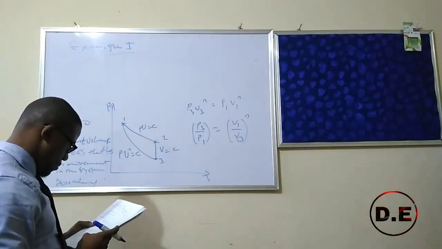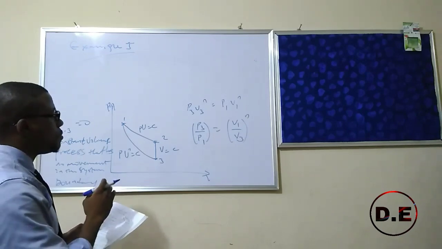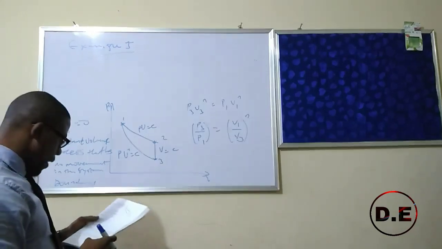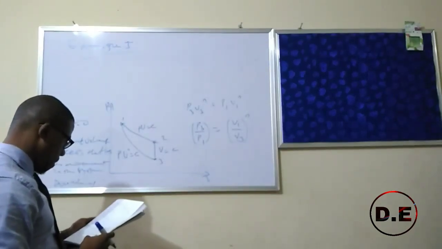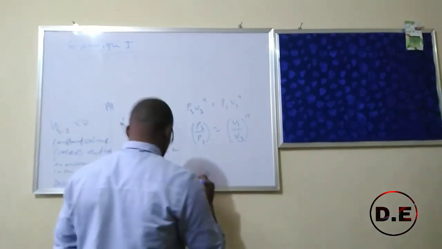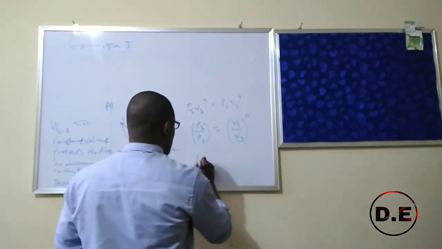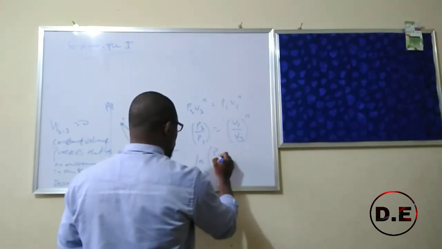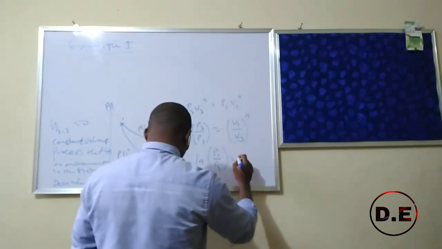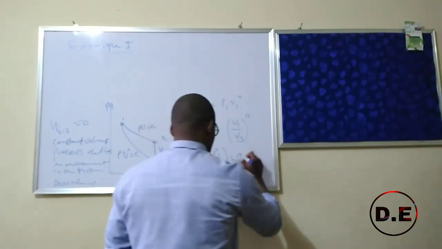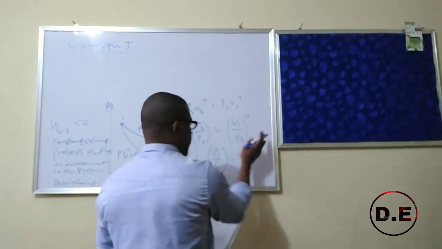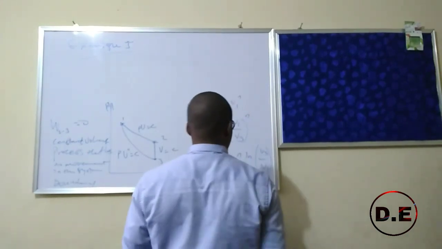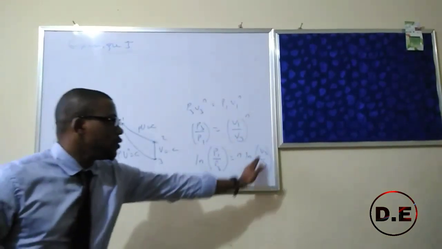We can also write, taking ln of both sides, that the ln of P1 over P3 is equal to n times ln of V3 over V1.